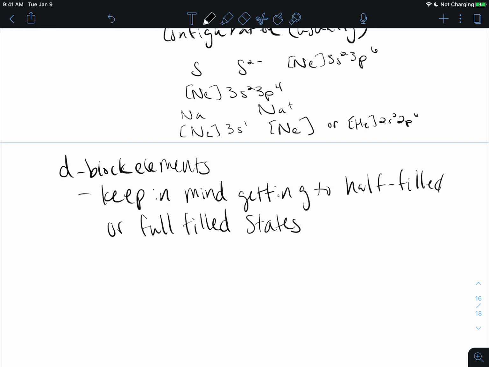For your D block and F block elements, it's almost always going to be easiest to write out your electron configuration for the neutral atom first and then remove the electrons from there. It's usually the best way to keep everything straight.